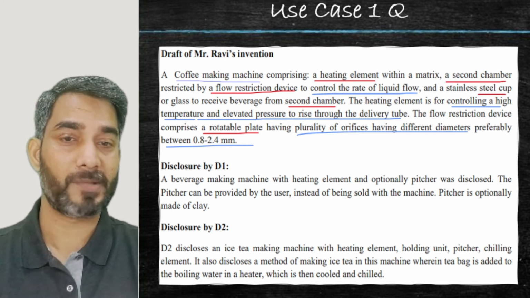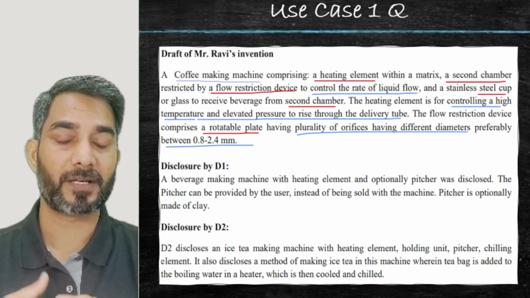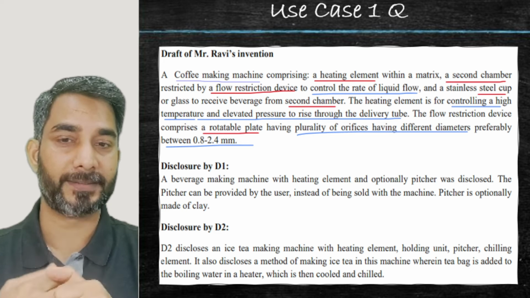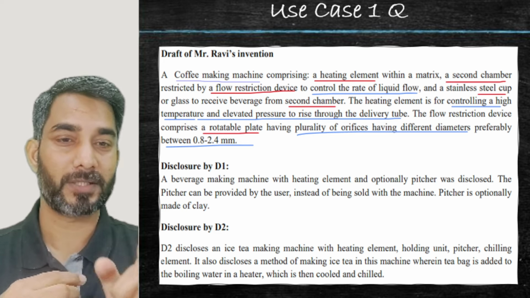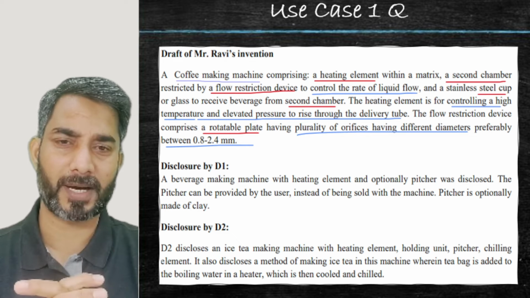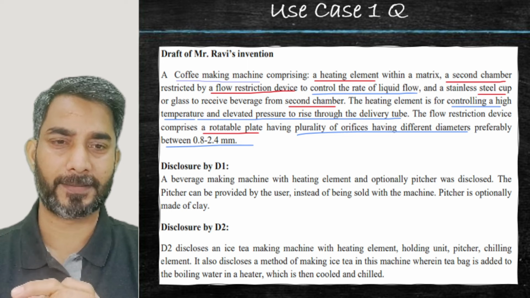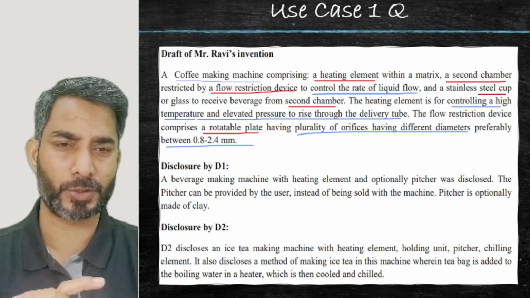So we got implementation details, we got specific components, and we got specific roles also, which is controlling a high temperature, elevated pressure. So we know our invention has new components, looks like, and technical advancements as such is not coming out.